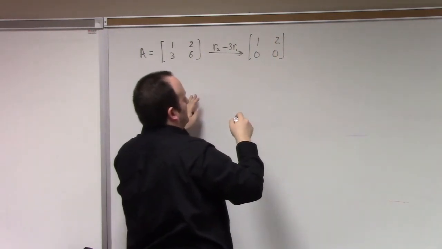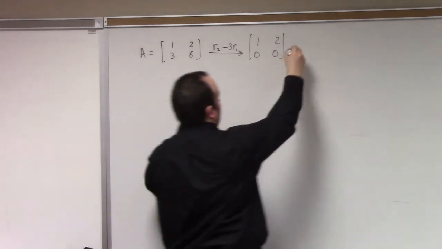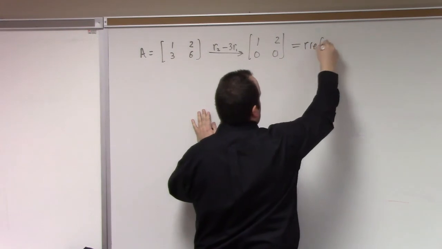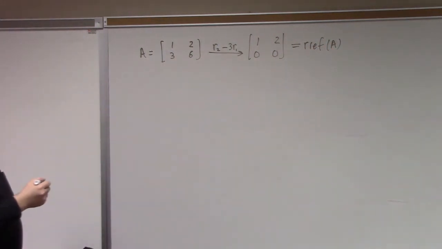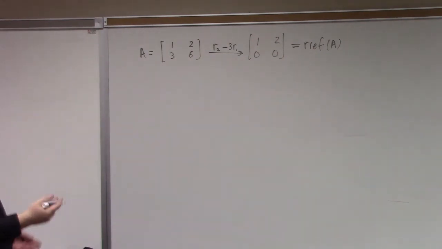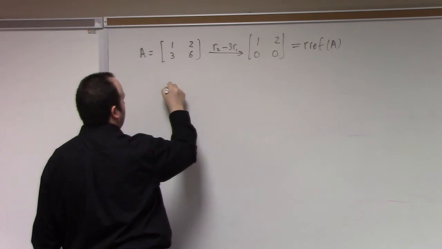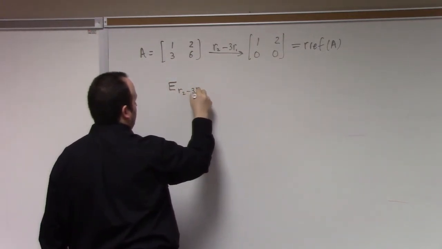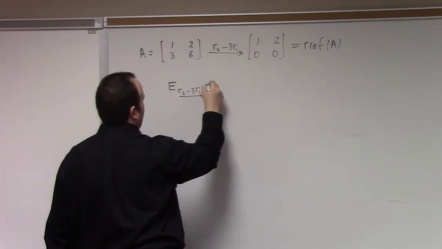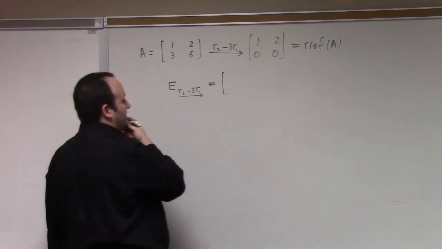Well, that was rather uneventful. So there's the reduced row echelon form of A. Check this out: we have E of row 2 minus 3 times row 1 equal to what? What's the elementary matrix which does that?